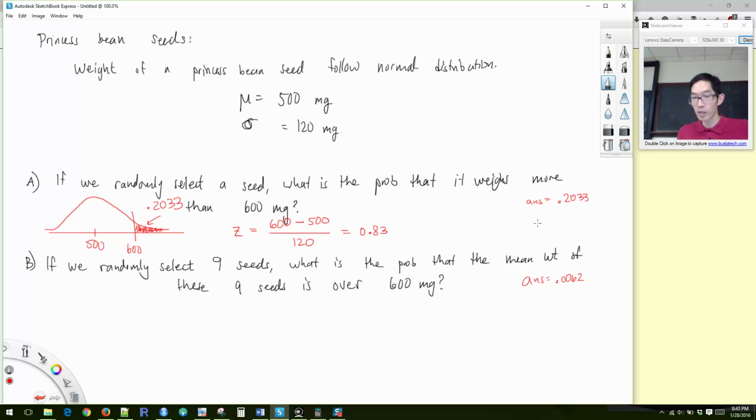Okay, so that's good. Okay, so with part B, here's the key. It says we randomly select 9 seeds. So now we are dealing with a sample of 9 seeds. And here we're asking, what is the probability that the mean weight of these 9 seeds? So this tells us the mean weight of our sample.